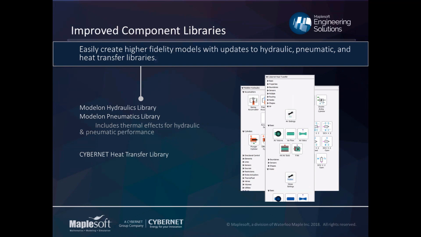And on the topic of thermal, we've made updates to the Cybernet heat transfer library. And this is a great library for getting heat distribution and thermal effect understanding a lot earlier in the design process than you might typically be used to.